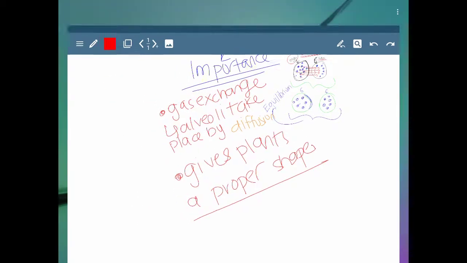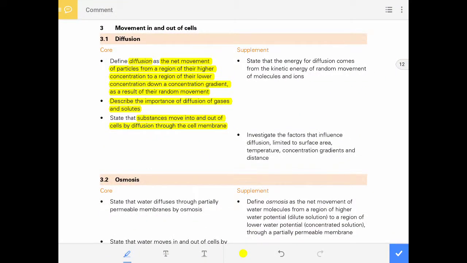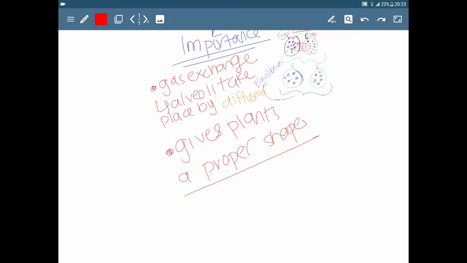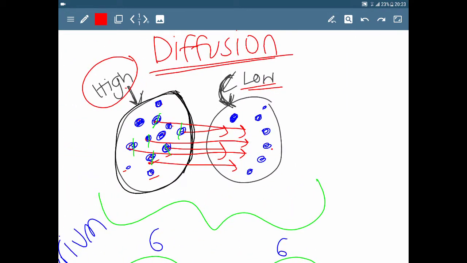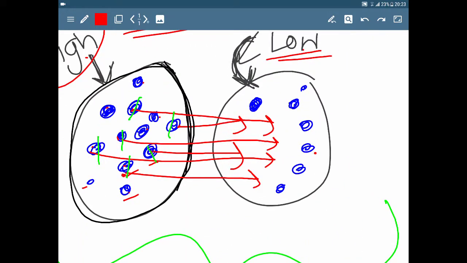And yes, the energy for diffusion comes from the kinetic energy of the random movement of molecules and ions. In here, the reason these particles moved is that they got energy, and nothing can move without energy.